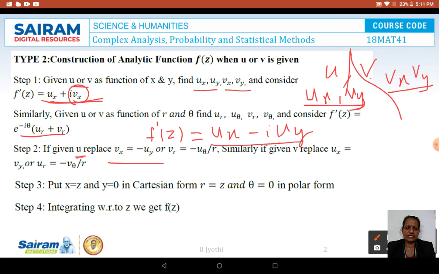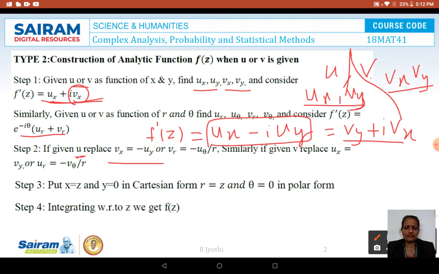In case v is given, ux is replaced with vy. Therefore, f dash of z will be equal to vy plus ivx. Right? So this is how it will be done.